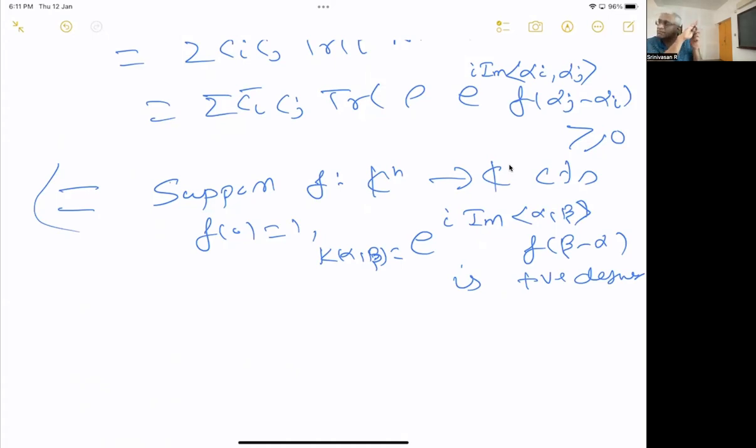And then use the Stone-von Neumann theorem to get it to gamma of Cn. There you define some unitaries which satisfy the Weyl relation, then use the Stone-von Neumann theorem to come down to Fock space. So how will you get a Hilbert space if you have a positive definite function?